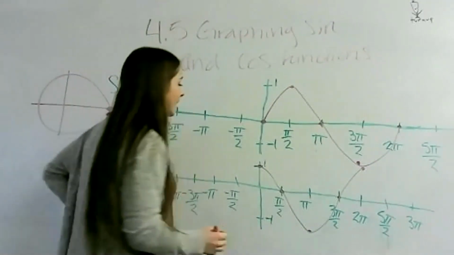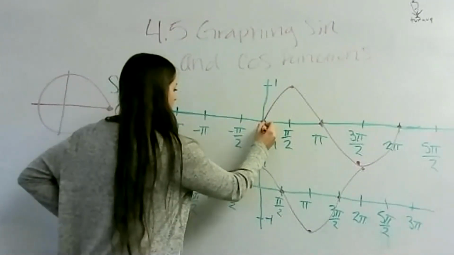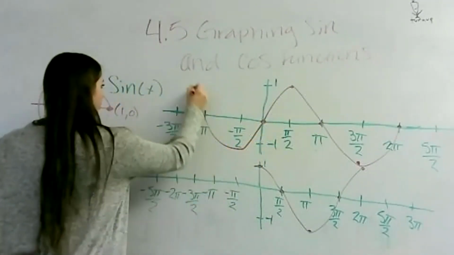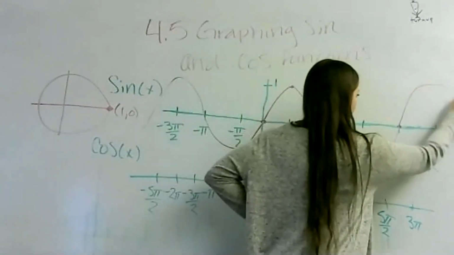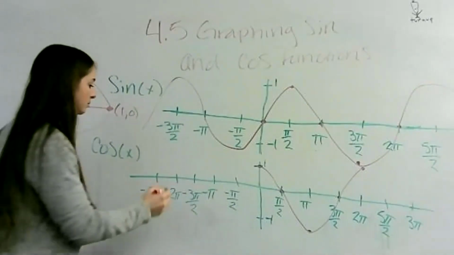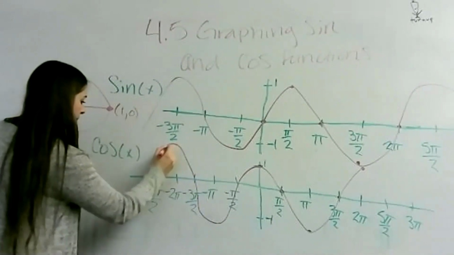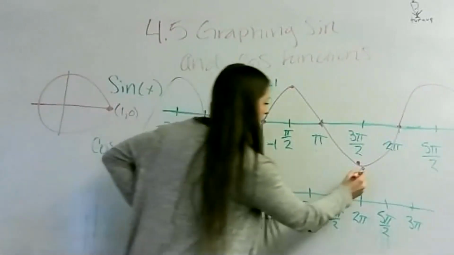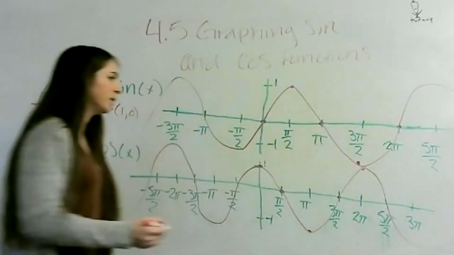Okay, so if I continue this pattern on though for sine, it would go down again, back through here, back up and back down. Same thing over here. It would continue going like that curve. Cosine would continue its curve as well. And this one would continue its curve as well.